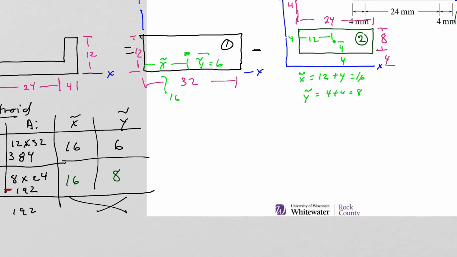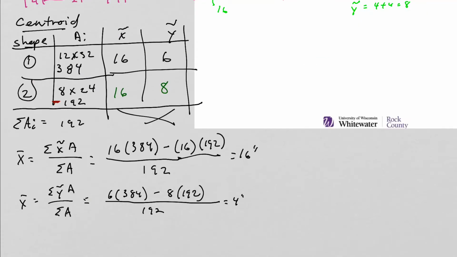Now I'm just going to use the formula and plug it in. Typically I do x tilde times A for each one and then solve it that way. I'm just going to write this formula out. Okay, so you can see when we use this formula for the x tilde, our result ends up being 16, and, sorry about that, this should be y bar.